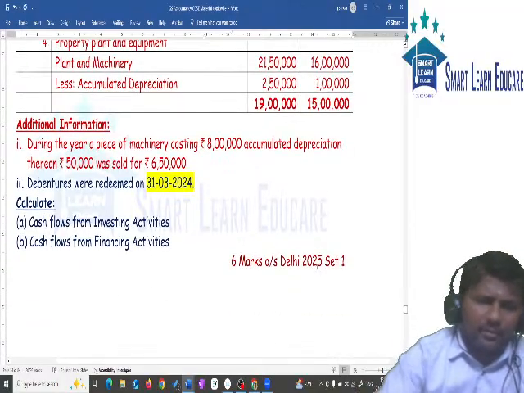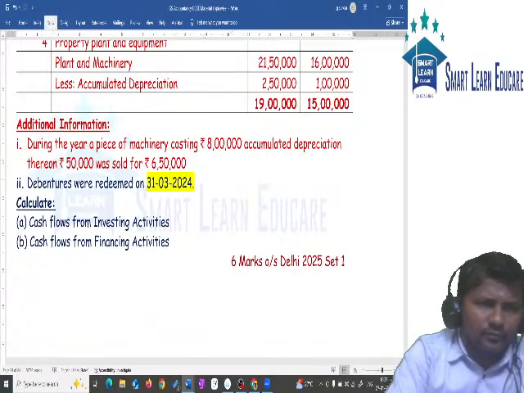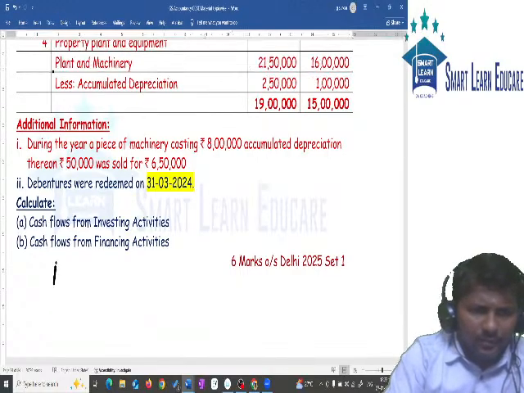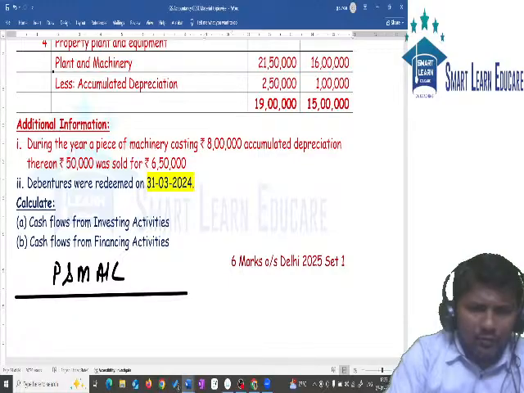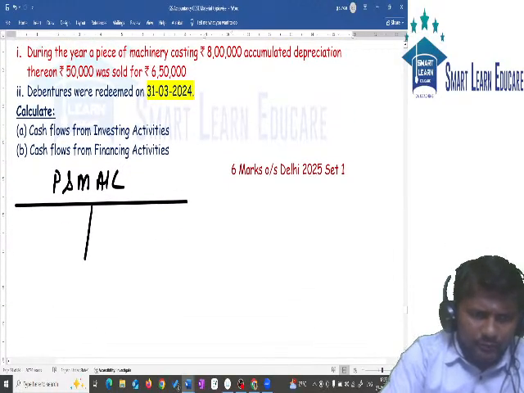PPE, machinery, plant and machinery account. Also we require accumulated depreciation account.